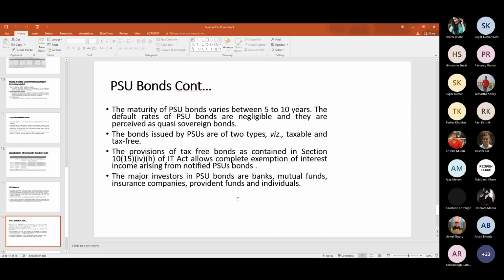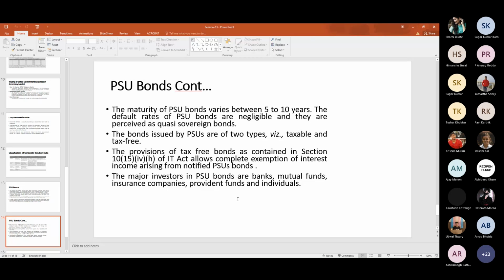There are only some minor differences between PSU bonds and corporate bonds: the difference in terms of maturity period, the issuance of that particular security, and some difference in terms of tax. So these are some of the basic differences, but mostly other characteristics are the same.